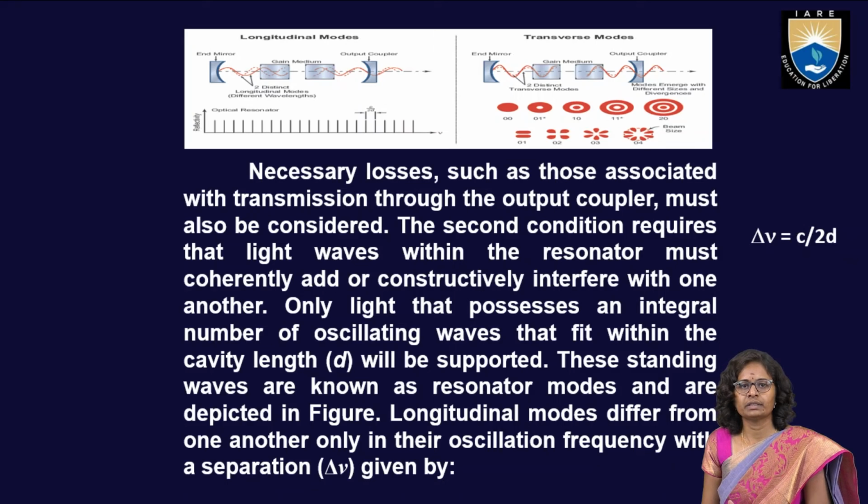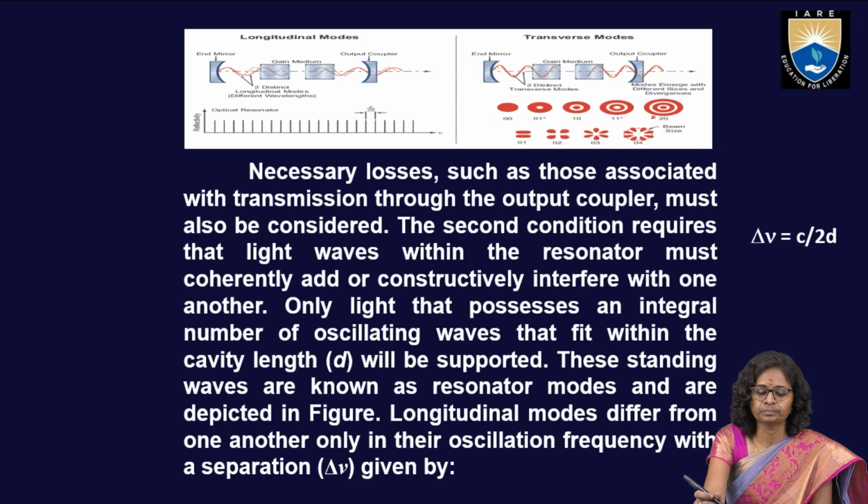The second condition requires that light waves within the resonator must be coherent, that is, they must add constructively or interfere constructively with one another. Only light that possesses an integral number of oscillating waves that fit within the cavity length D will be supported. These standing waves are known as the resonator modes and are depicted in the figure.